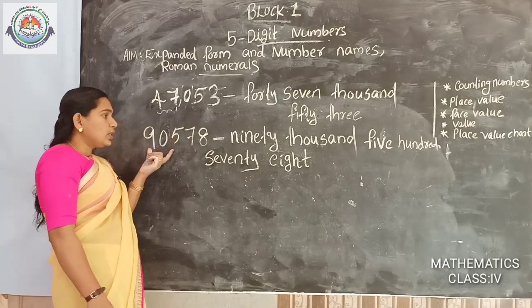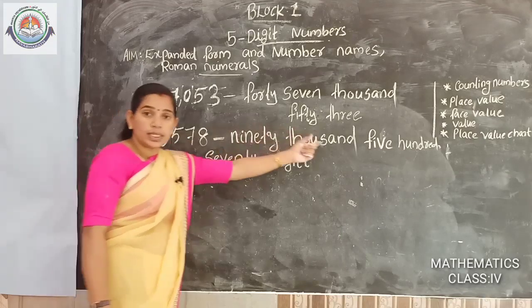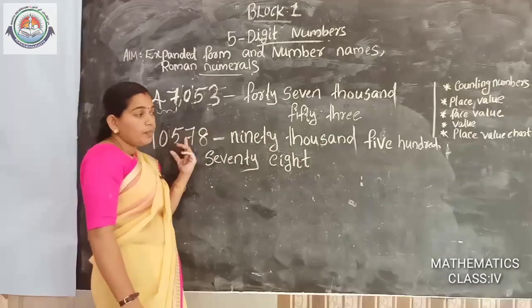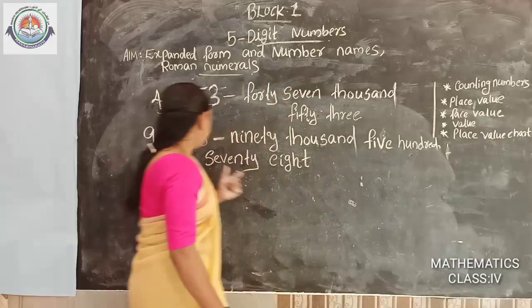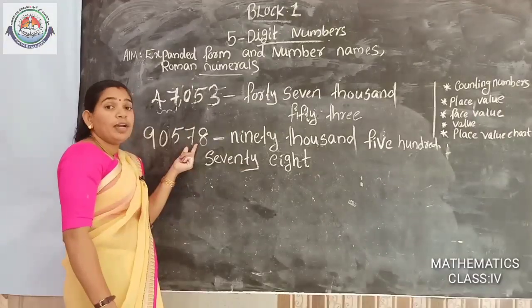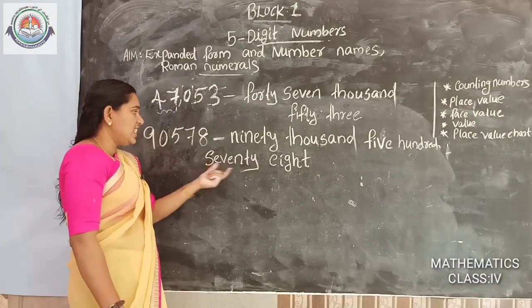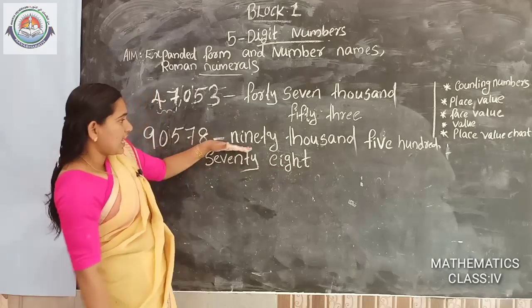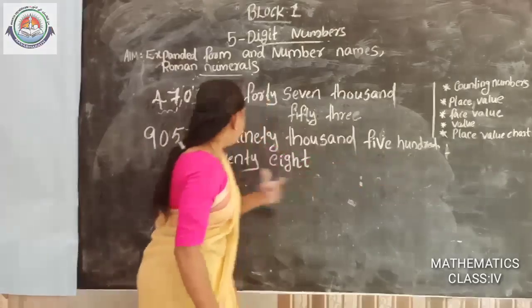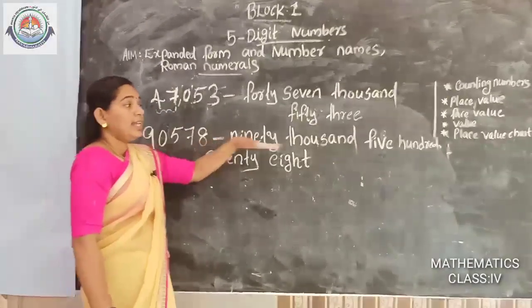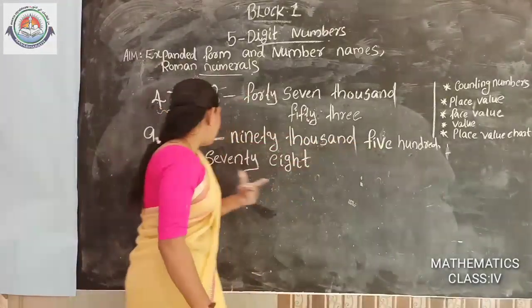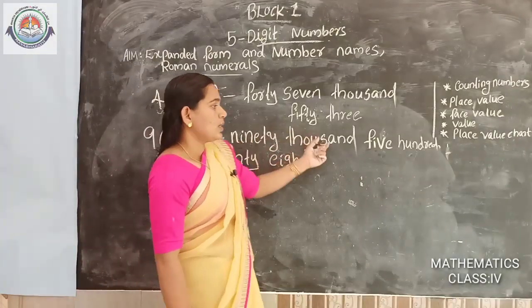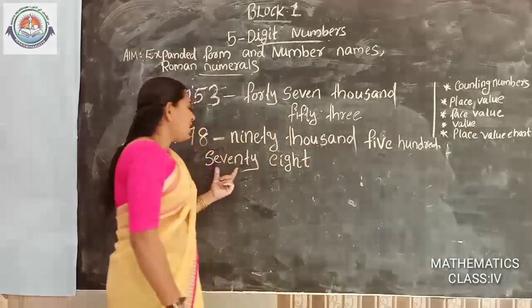So we write together 90,000. 5 in the place of 100, so 500. 7 in the place of tens, so 70. 8 in the place of ones, 8. So 90,578.